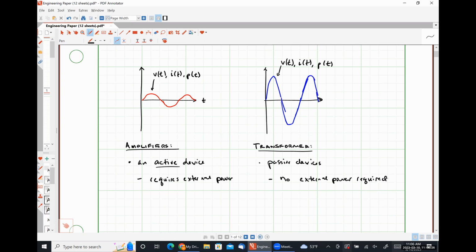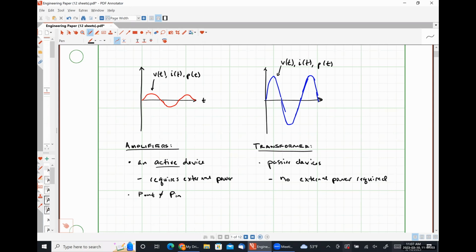So because for an amplifier, we have to supply some form of external power, this means that the output power of our amplifier does not have to equal the input power. A better way to state this would actually be that the output power of an amplifier can be greater than the input power of the signal that you're putting in, because you can use external power to supplement it and drive it. Right?